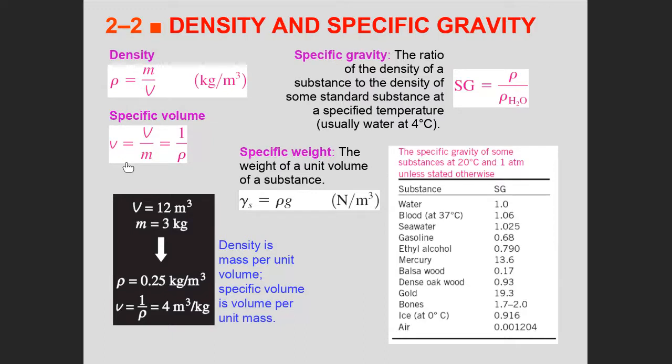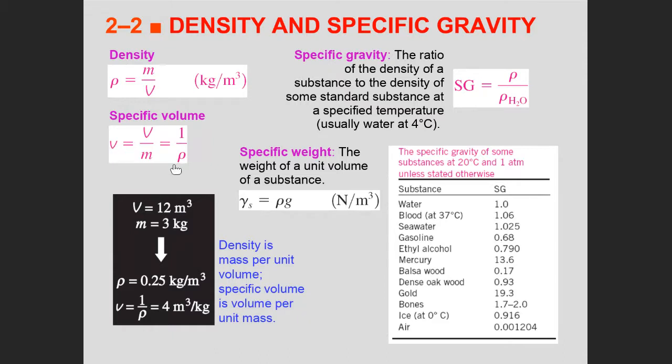Specific volume: we said if you divide any property by the mass, you get a specific property. So divide the volume, which is meter cube, by the mass, kilogram, and you get meter cube per kilogram, and that is the specific volume.